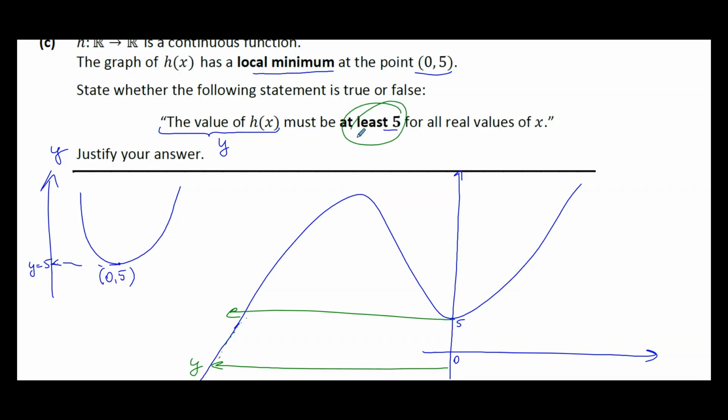Not just 5 and above, but actually less than 5, not at least 5. So that statement isn't true, because the cubic function is showing that actually it's not going to be true for a cubic function.